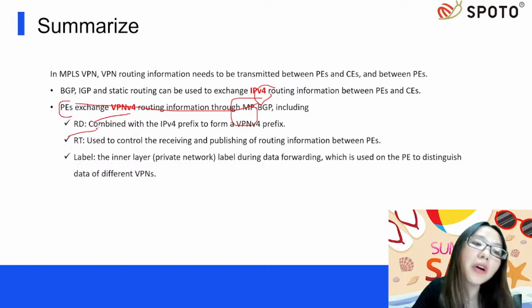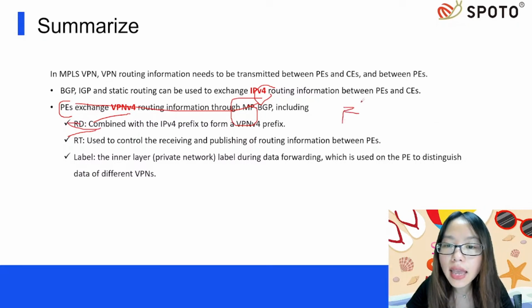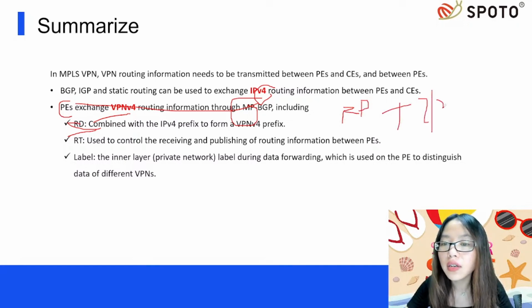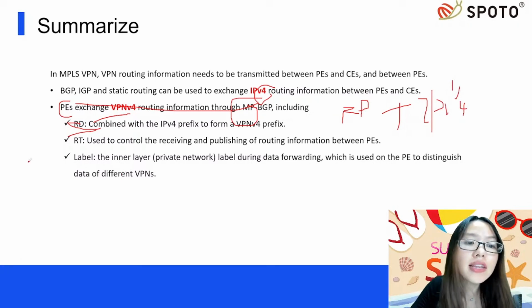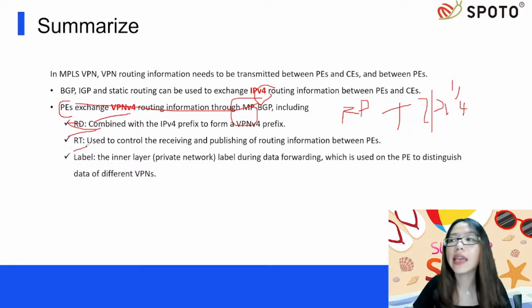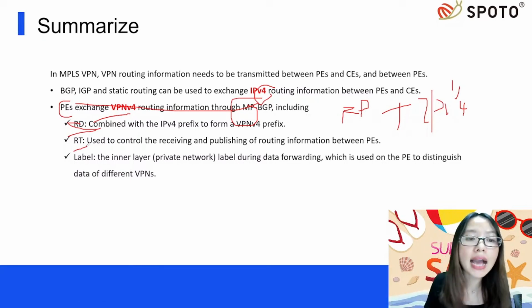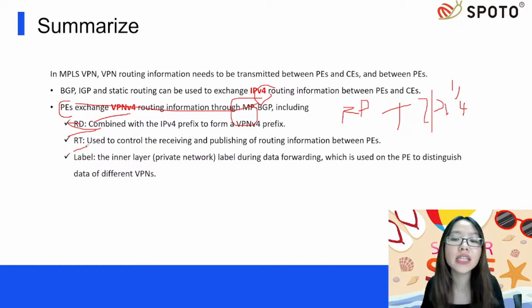So we will configure the RD. RD and IPv4 form our VPN v4 prefix route, and we need to use RT export target and import target to control the receiving and publishing of routing information between PEs.